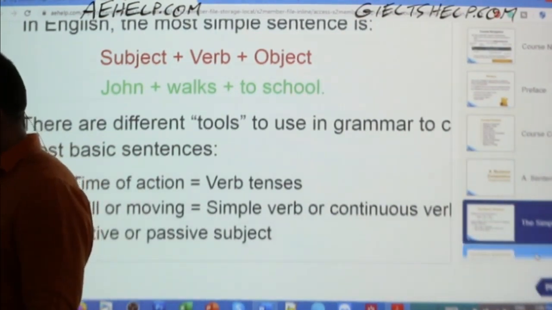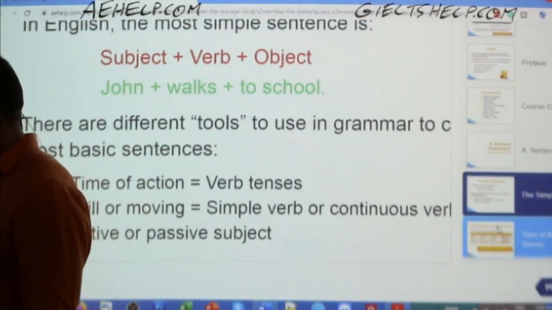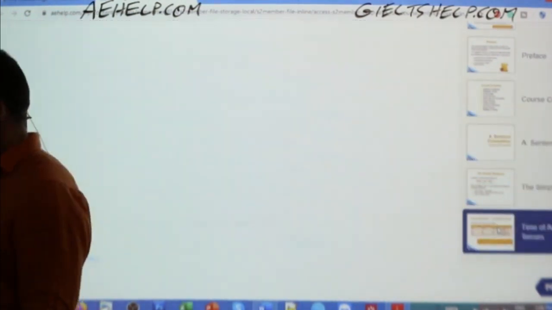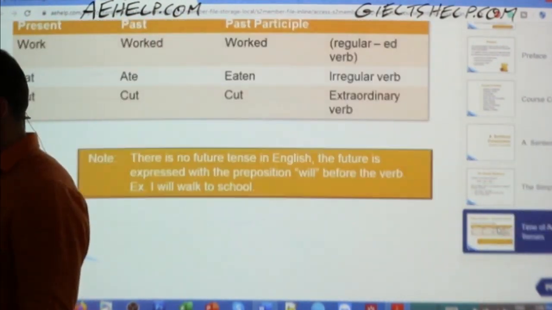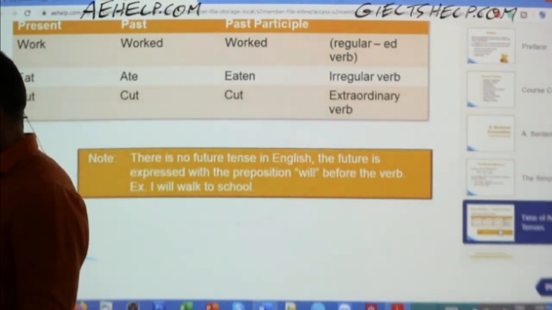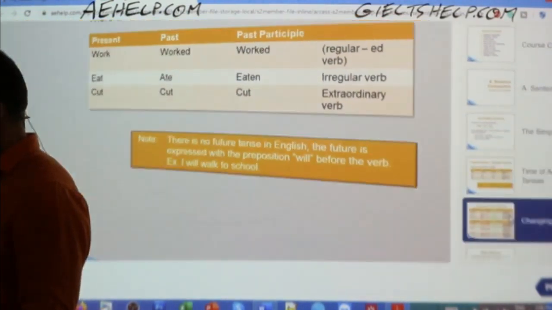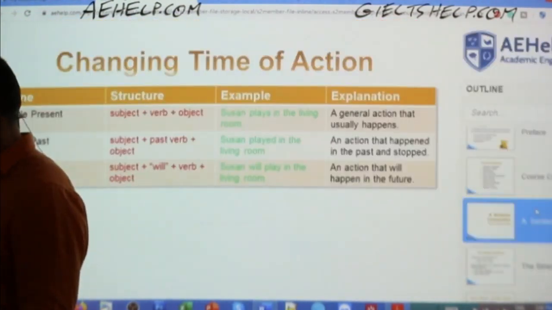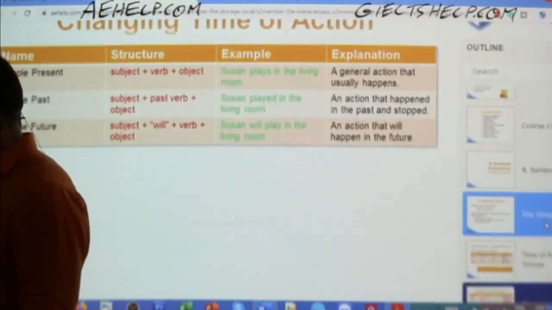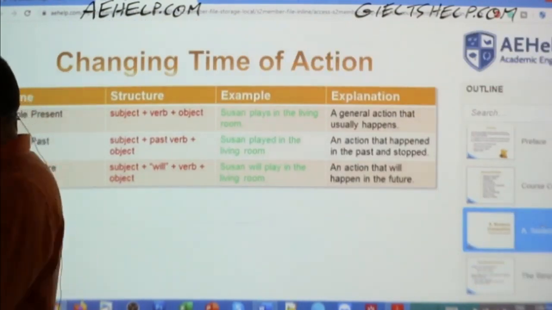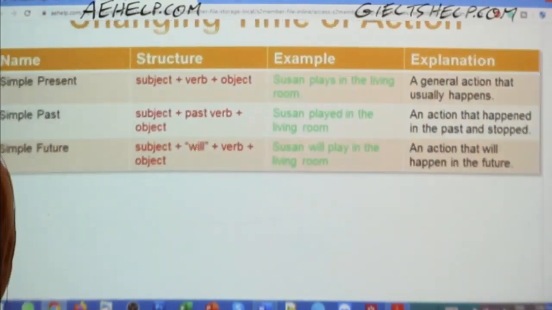And then we'll keep going here. And it will explain the differences of past, past participle, and then you'll get into more complex ideas. Okay, so it'll give you these kinds of explanations.